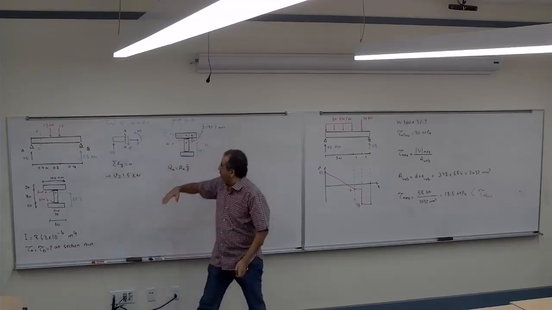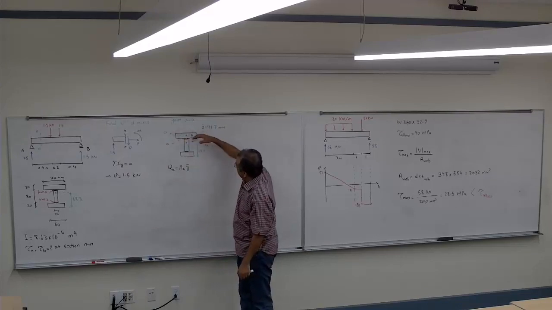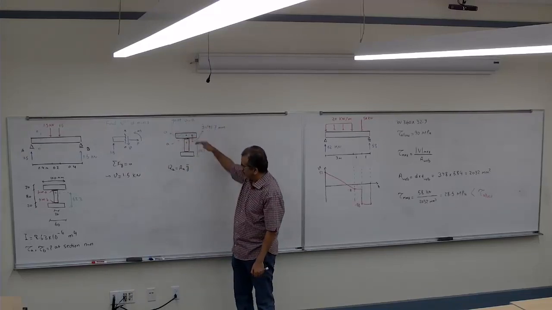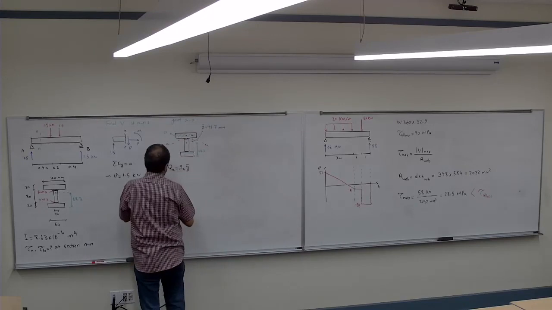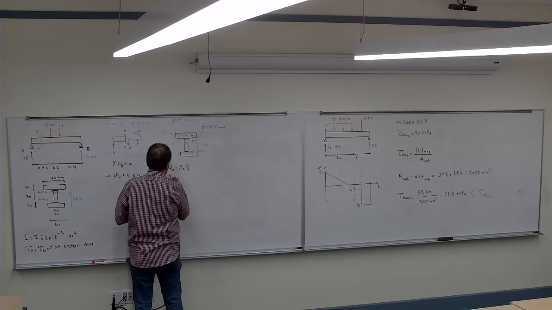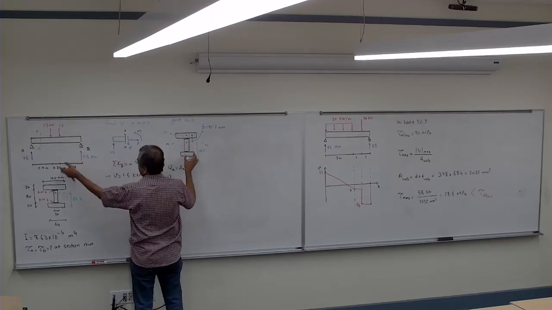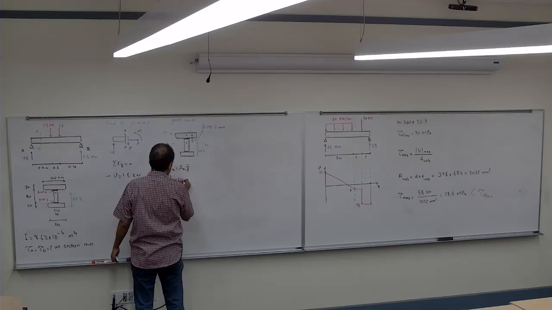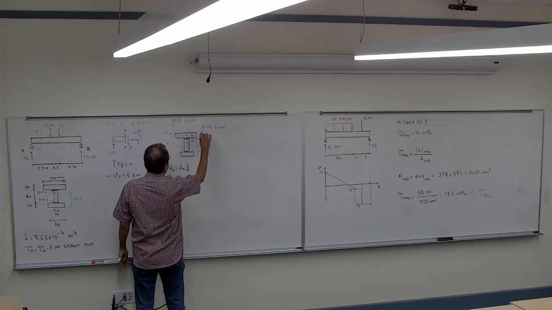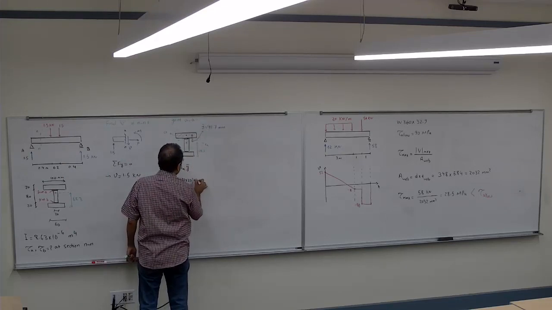Remember that? I cut it there, so I'm looking at the area above the line I'm cutting. So the Q at A would be the area, which is 100 by 20, times the y, which is going to be 41.7.